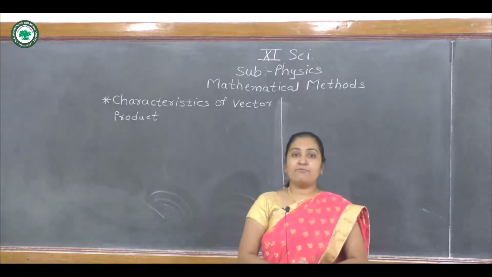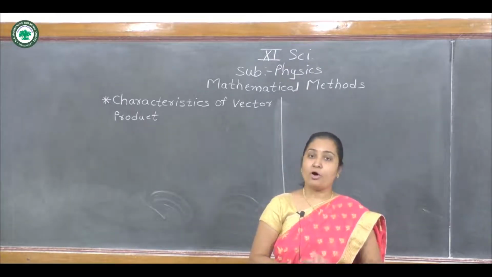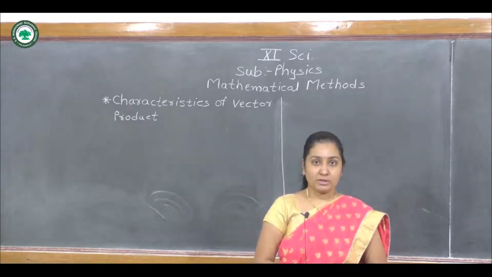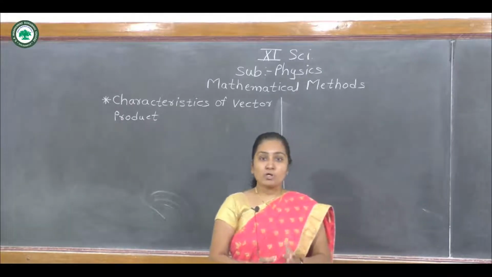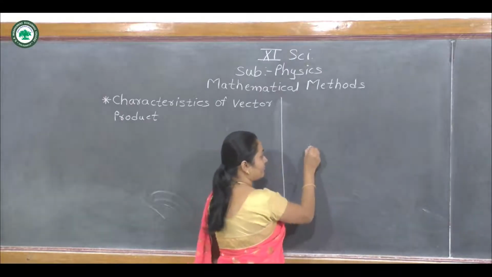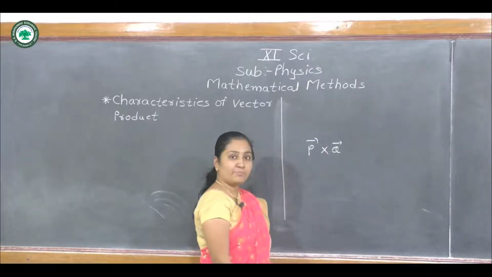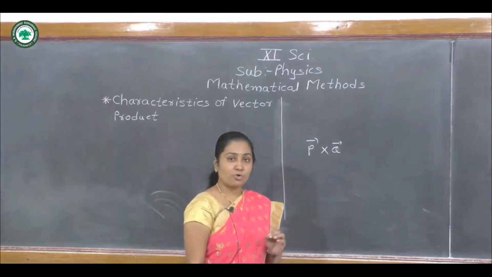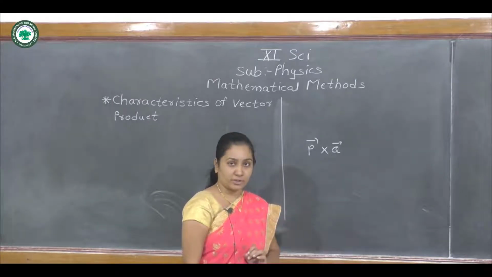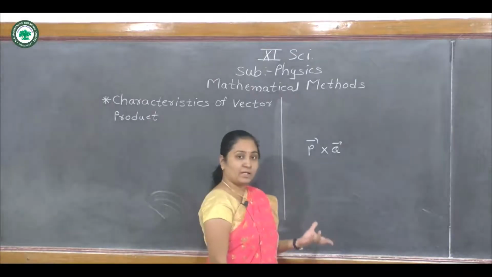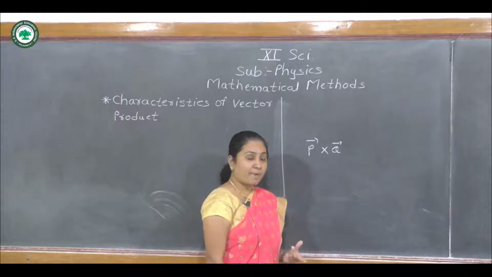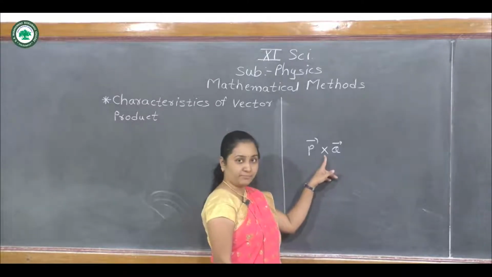Now what is the definition or formula for the vector product? P bar cross Q bar. This vector product is also called the cross product, and it is denoted by the cross sign.